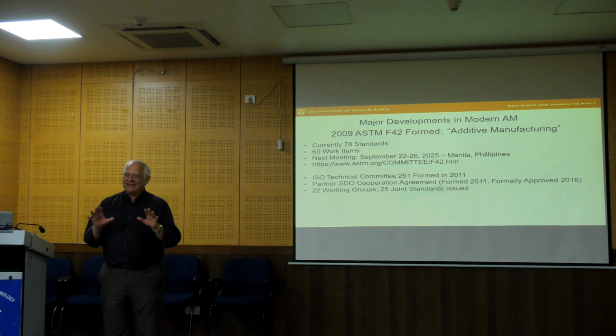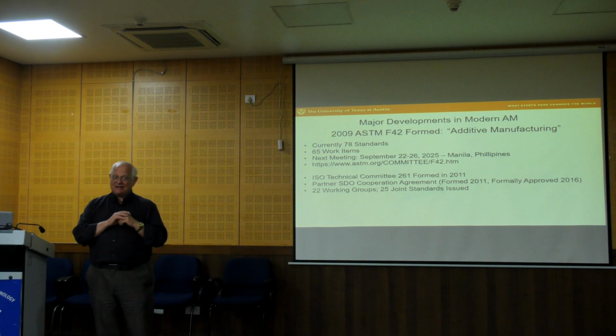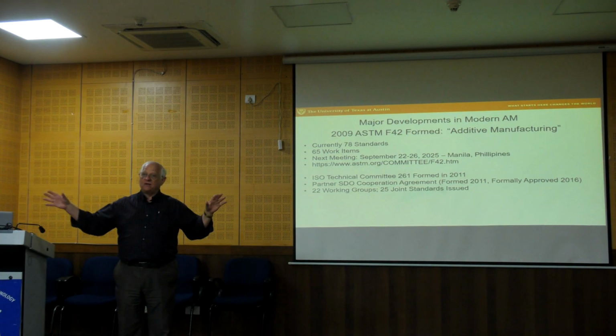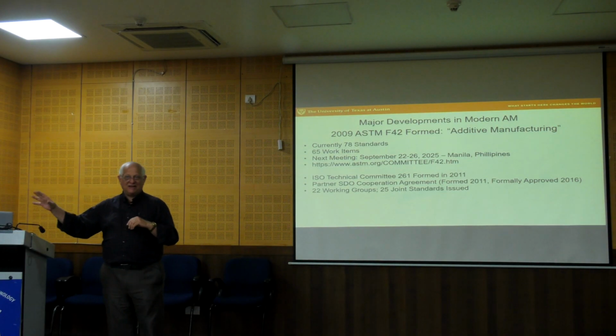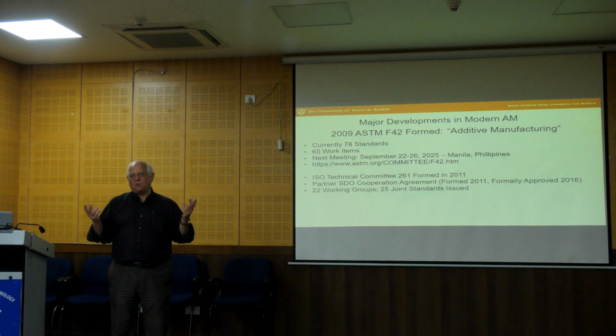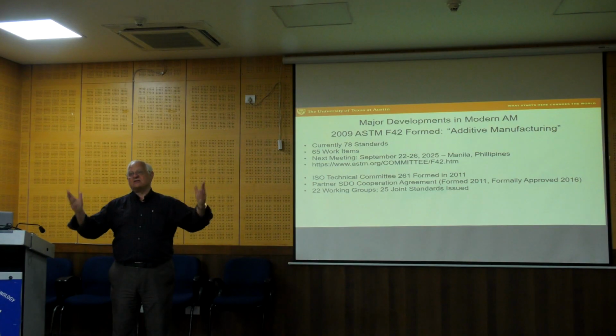Well, imagine this much better approach that we did here, where we basically said, if ISO wants to do a directed energy deposition of titanium standard, they come to ASTM and say, hey, you want to develop a joint standard together? And ASTM says, yes, let's do it.